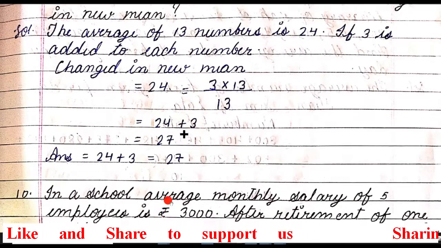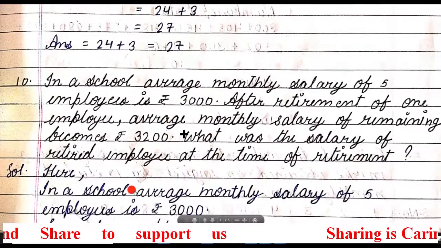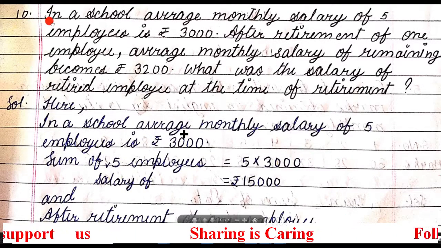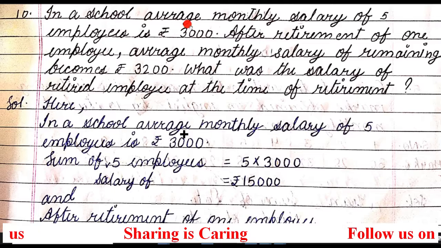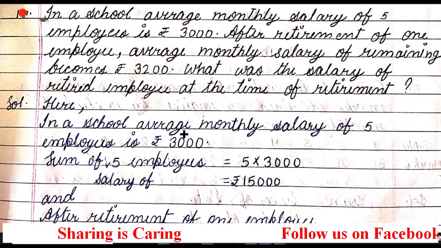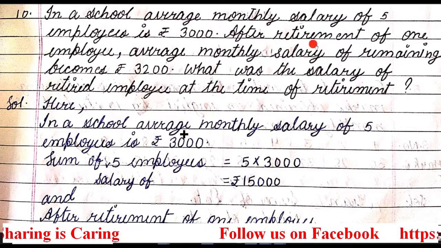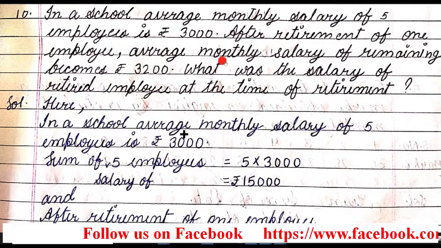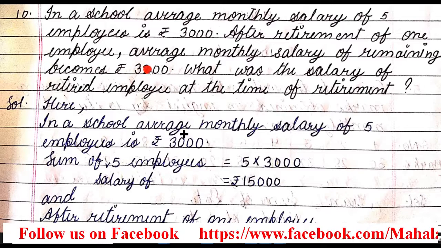Now students, in the same way we'll start question number 10 of the same exercise. Question 10 is: in a school, the average monthly salary of 5 employees is 3000. After retirement of one employee, the average monthly salary of the remaining becomes 3200.